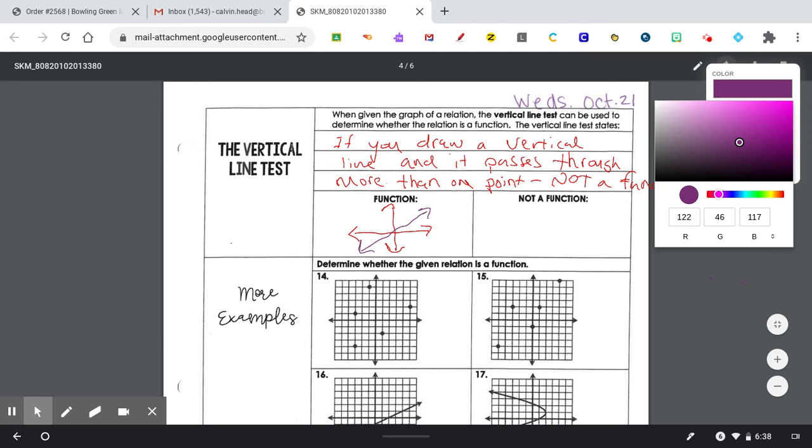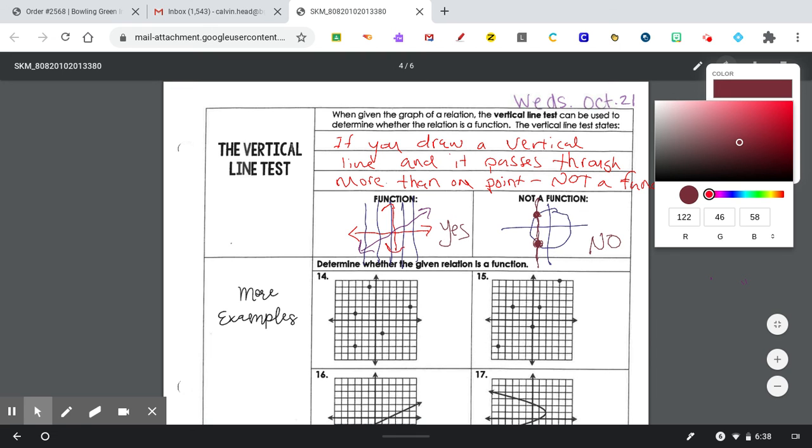Basically, if I drew vertical lines through here, it would only pass one point. But if you look at something like this, and I drew a vertical line through it, notice how it intersects here and here on the same line. So the answer will be no. This would be a yes. That would be a no.